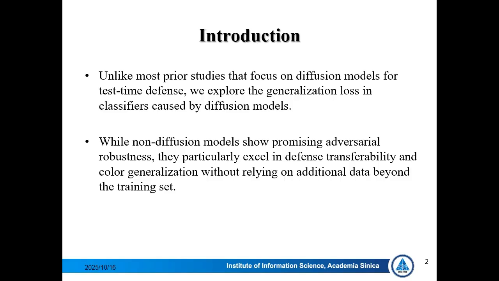In contrast to most prior studies that focus on diffusion models for test-time defense, our work investigates the generalization loss introduced by diffusion models on classifiers. We find that while non-diffusion-based purifiers may appear simpler, they actually demonstrate strong adversarial robustness, and more importantly, they excel in different transferability and color generalization, all without relying on any additional data beyond the original training set.